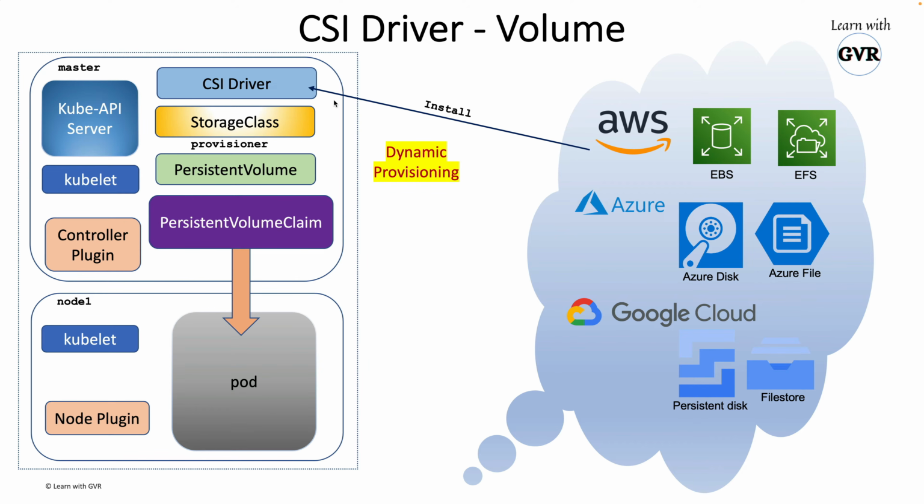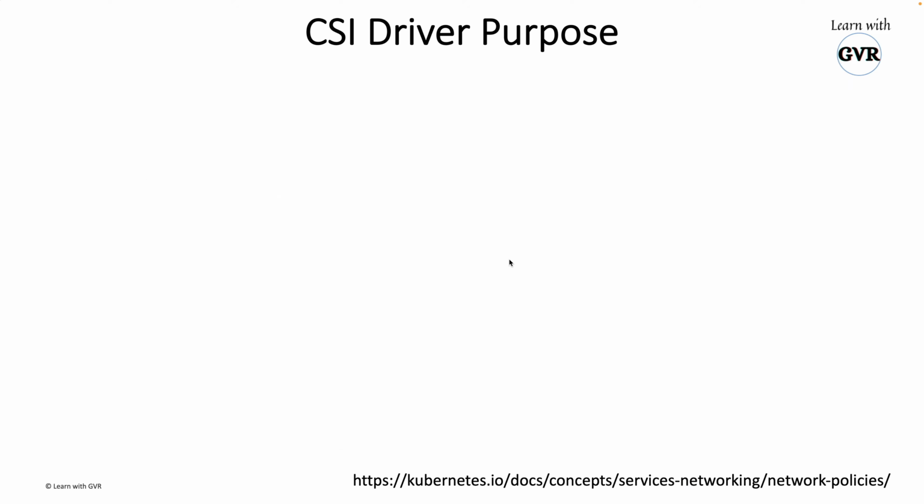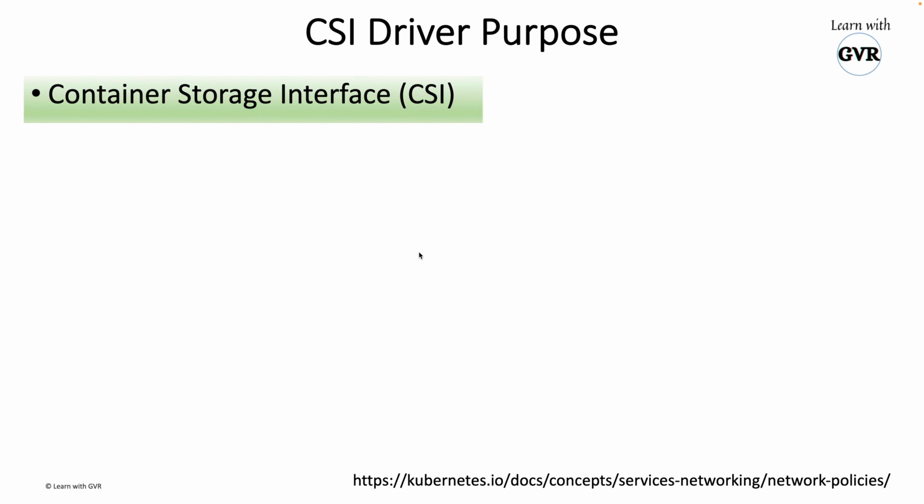So still, what is CSI? CSI uses gRPC communication, which is much better than REST API communication internally. CSI is nothing but Container Storage Interface.